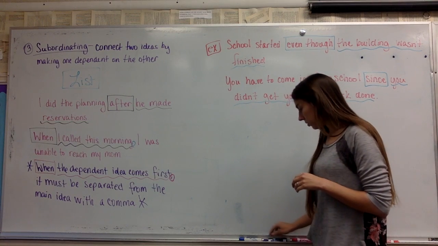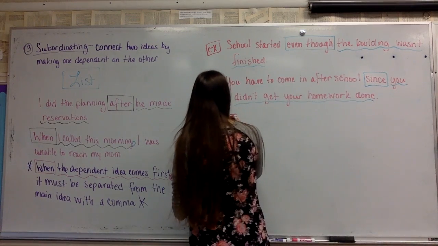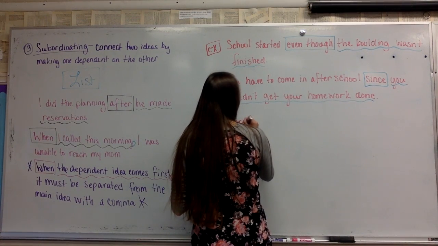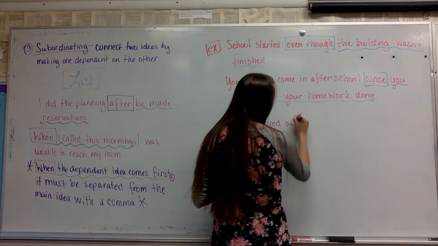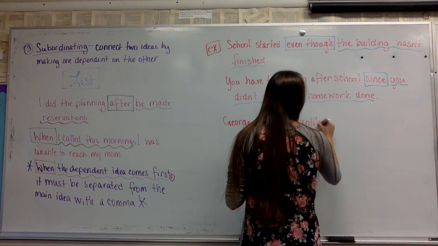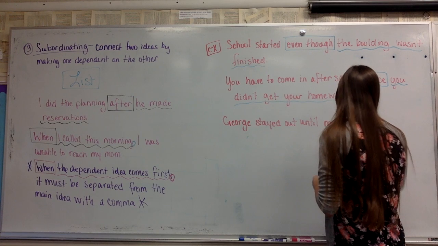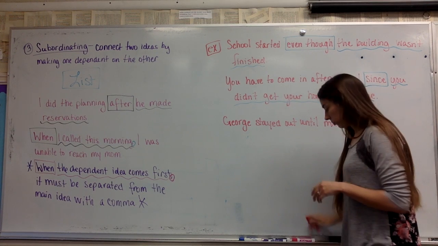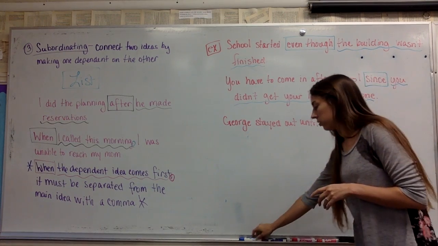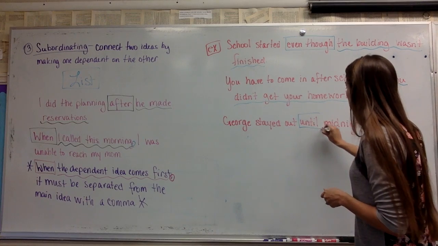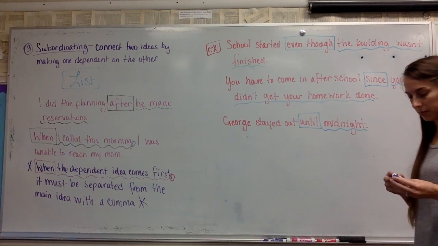Our last example, George stayed out until midnight. Until is our conjunction, and then midnight is our subordinate clause.